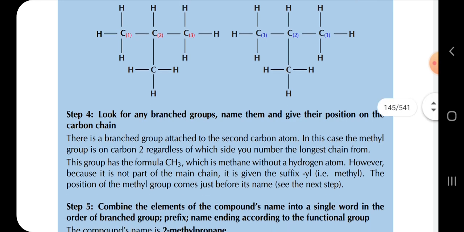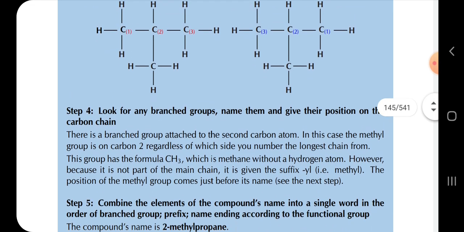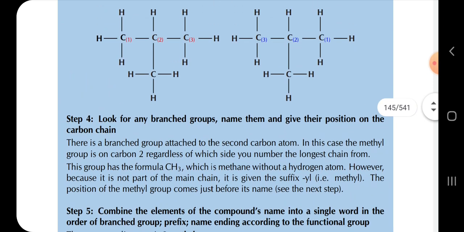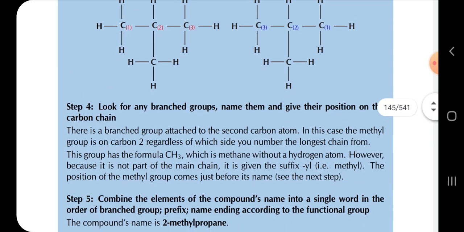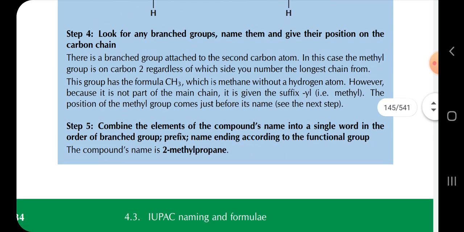So we have a branch on the second carbon, so there is a 2. In this case, the methyl group is on carbon 2.